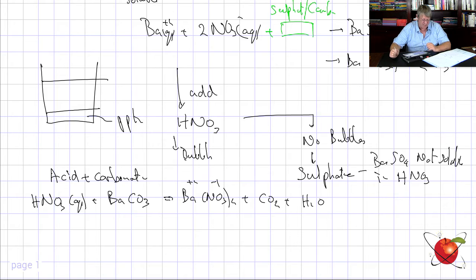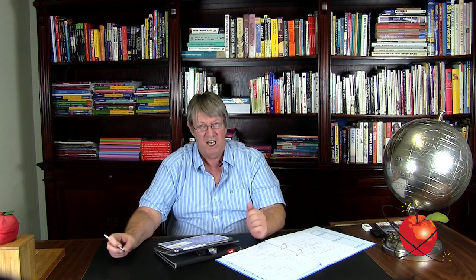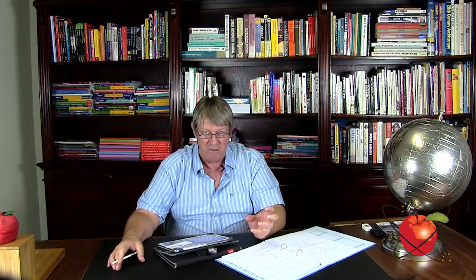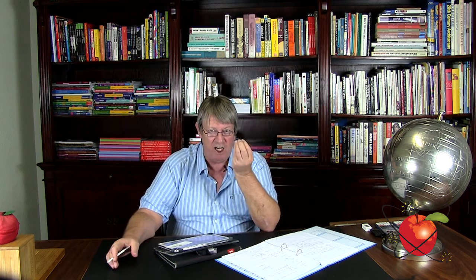That's what you get. It's a standard acid carbonate reaction. And the CO2 is the bubbles. So the acid and the carbonate are going to react. And on the other side, if it's a sulfate, it's not going to react. So remember, the key of this is the HNO3.